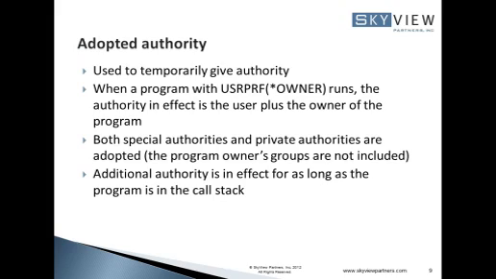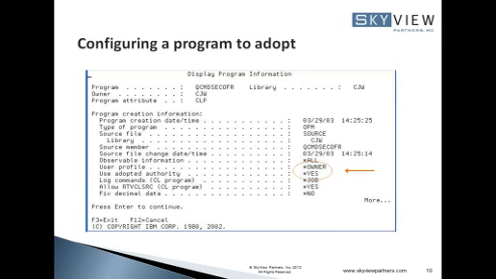When a program is active or in the call stack and it adopts authority, the user calling that program has available to them the special authorities that the program owner has, as well as any private authorities that that program owner might have. So let's look at an example.